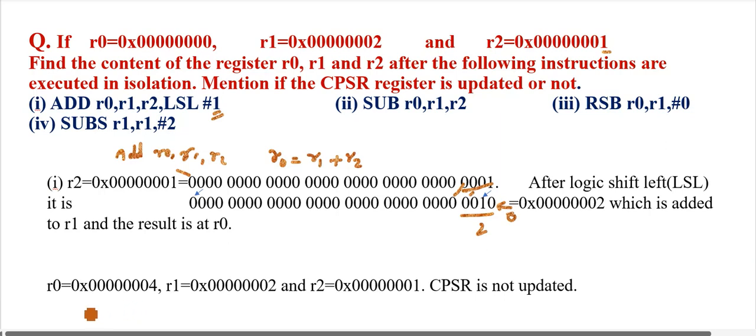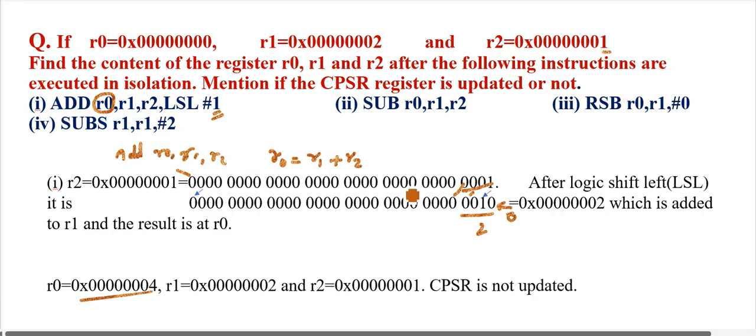Because R0 is actually the destination, no? Please see here, R0 is the destination. So R0 should be modified with this result.